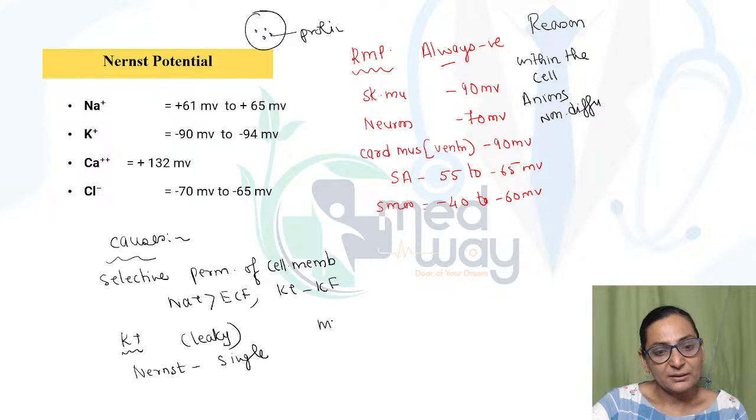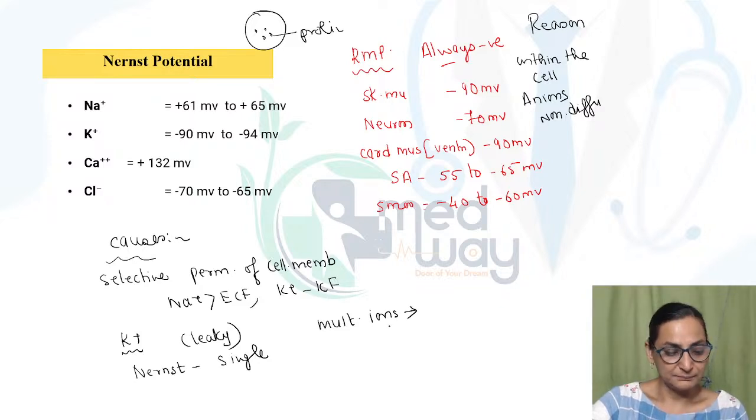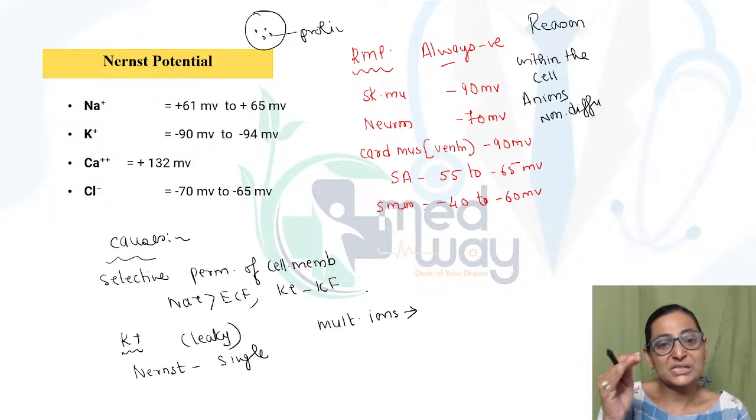But since we are considering the cell membrane which is permeable to multiple ions, isn't it? The cell is permeable to multiple ions, sodium, potassium, chloride.